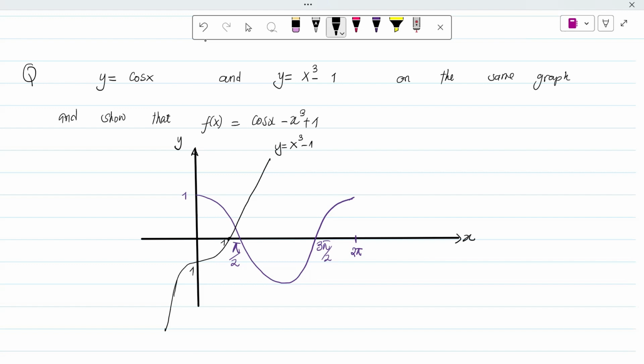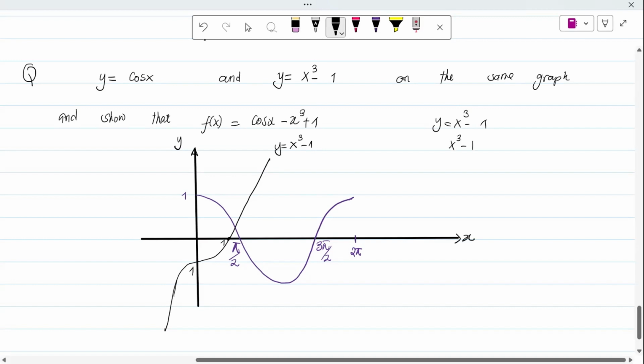Okay. So if you notice y is equal to x cubed minus 1, you can find out at what point this curve is crossing the x-axis and the y-axis. Along the x-axis, y is equal to 0, so x cubed minus 1 equal to 0. You solve for x, and you see that this function crosses the x-axis at 1, if you take a cube root of that.